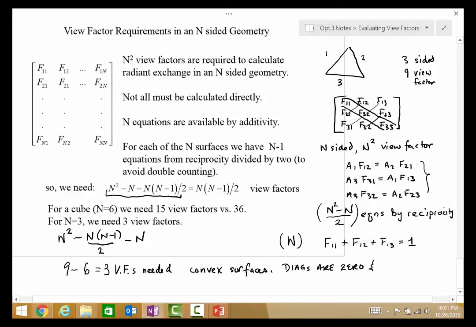So we already started off with n squared minus n unknowns, which was our 9 minus 3, which is 6. So our number of equations is exactly the same as our number of unknowns in that problem, and we can find all the view factors for that triangle system relatively simply. But the key point here is that using our reciprocity and additivity equations significantly simplifies what we're trying to do.